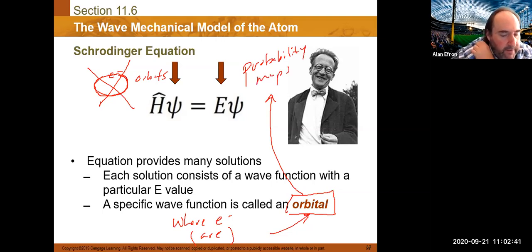They're probability maps of areas in the atom where we would expect a high probability of electrons being present, and areas where there'd be less of a probability. A really bad drawing of this: if we envision our nucleus here, and the red is the high probability of finding an electron, we would expect a lot of red near the nucleus, right?